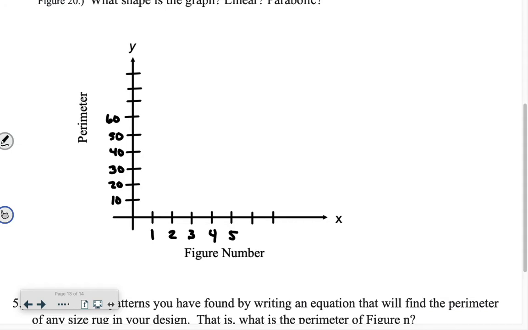No, it's 4. I don't even know where it is. This is X. Let me show you what it is.